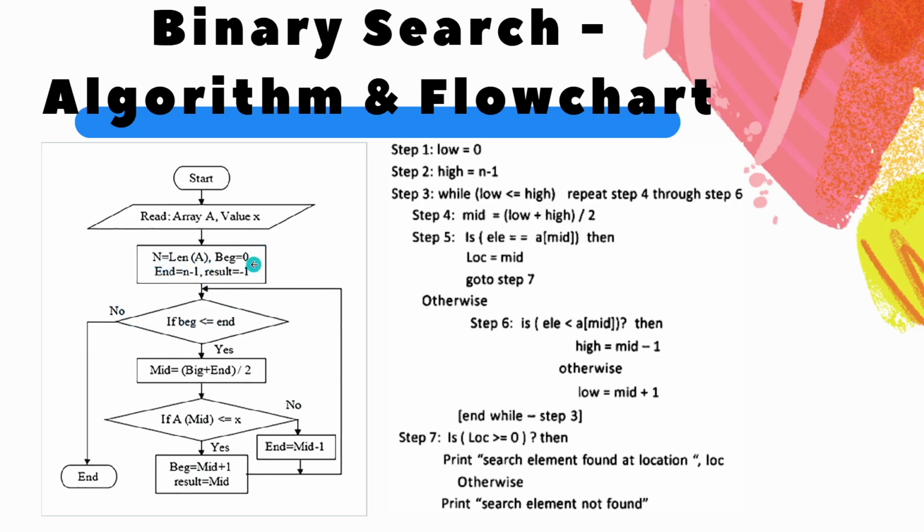Then we have a variable named beginning which marks the beginning of the array, and a variable named end which marks the end of the array, which is n minus 1. Our elements are in the array between 0 to n minus 1, and we have a variable named result which has been initialized with the value of -1.